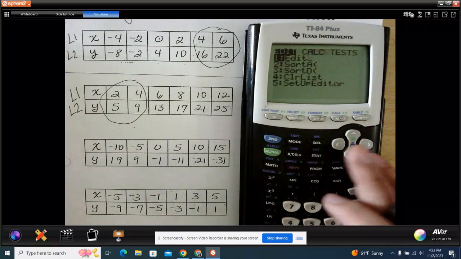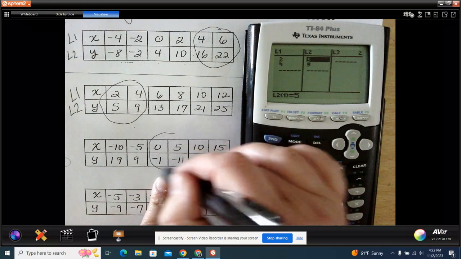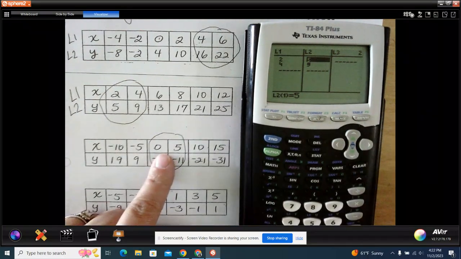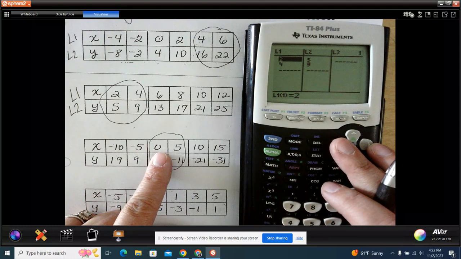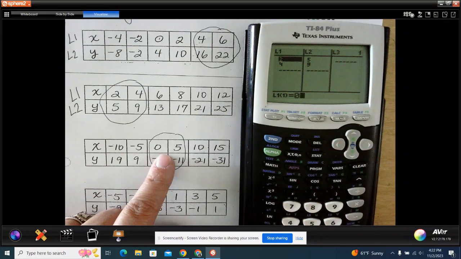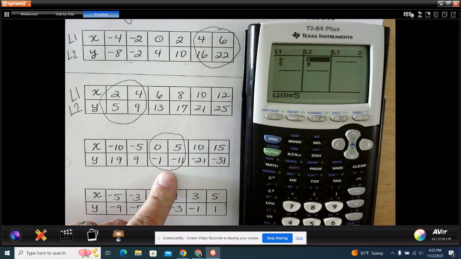All right, so let's try another one. We have stat, enter. I'm going to pick these 2. Again, just any 2. My x values are going to go in L1, so I'm going to arrow over to L1. I have 0, enter, 5, enter. And then the other side, I have -1, enter, -11, enter.